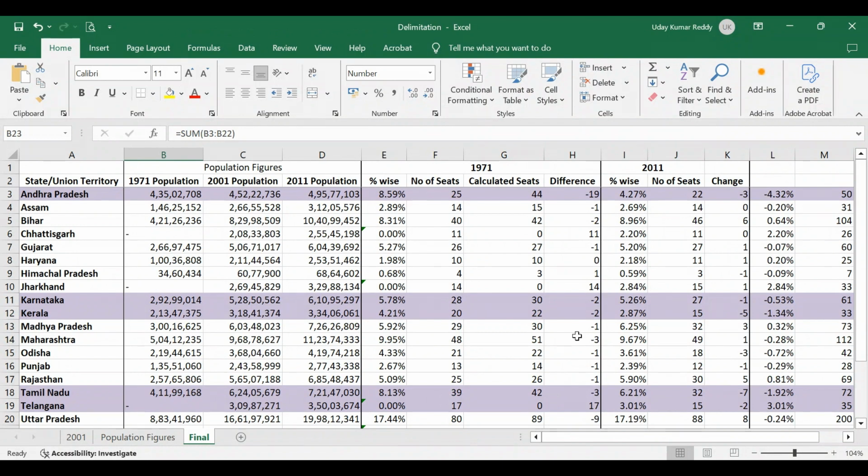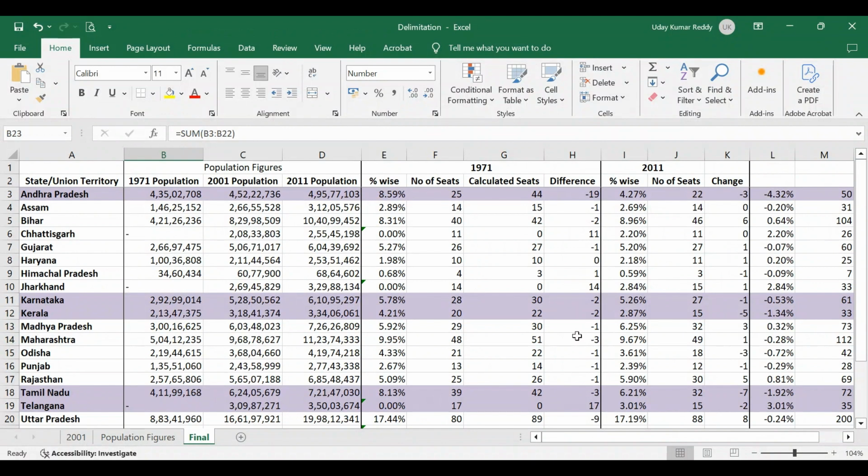Accordingly, leaders from southern states such as Tamil Nadu, Karnataka, and Kerala express apprehension that delimitation based on updated population figures could reduce their representation in the Lok Sabha.